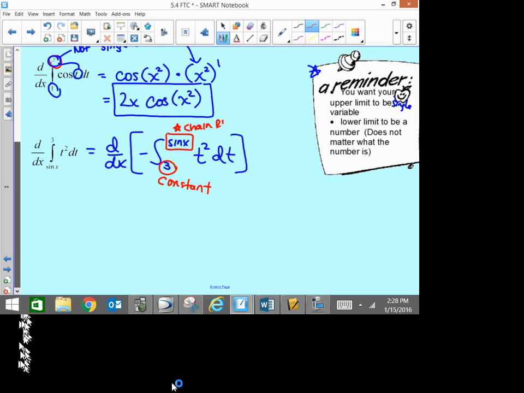So here we go. Who wants to do it? My negative's just going to hang around. What's the derivative of the integral from 3 to sine x of t squared dt? Go ahead and try it.